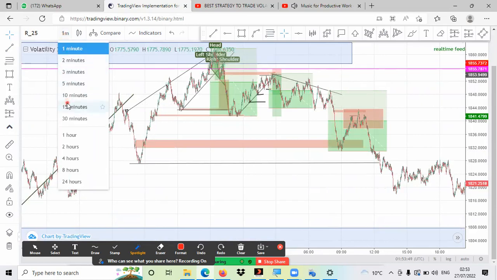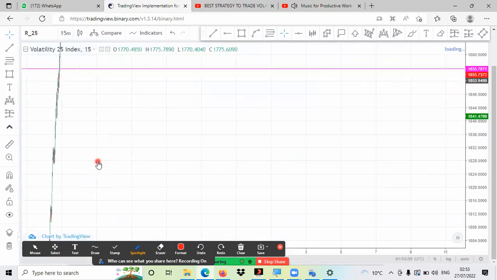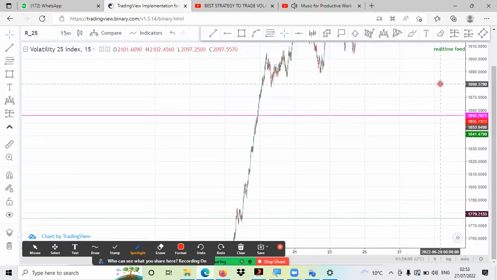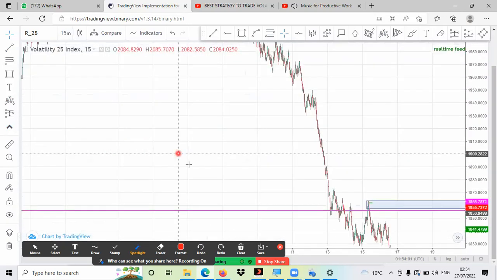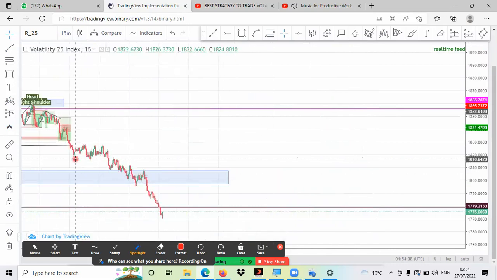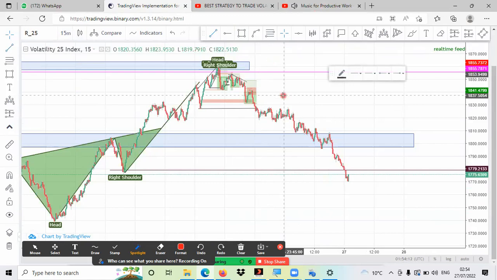So we go to 15 minutes. The overall target of the sell: remember, the trade started in the 2 hour time frame. Where was our target?